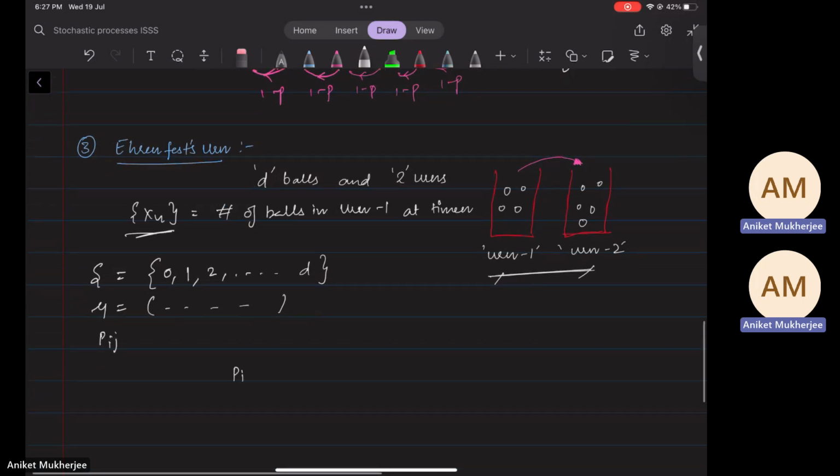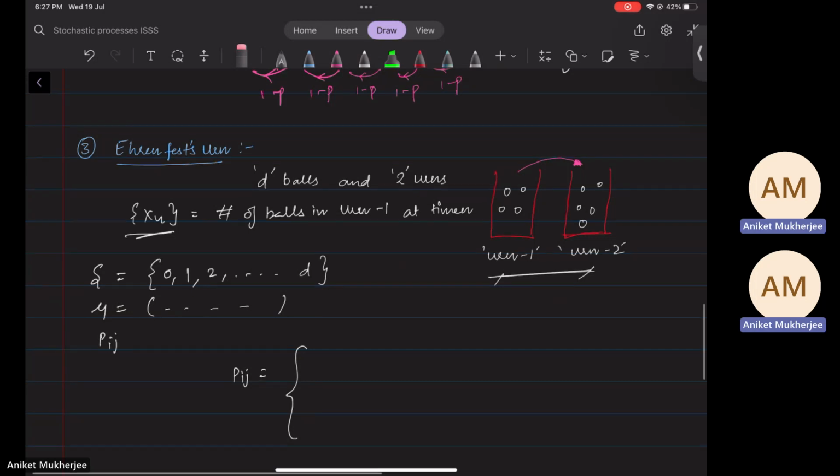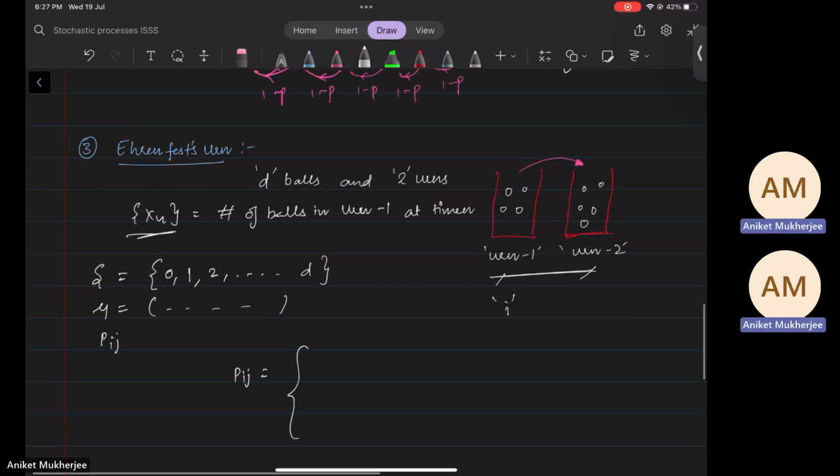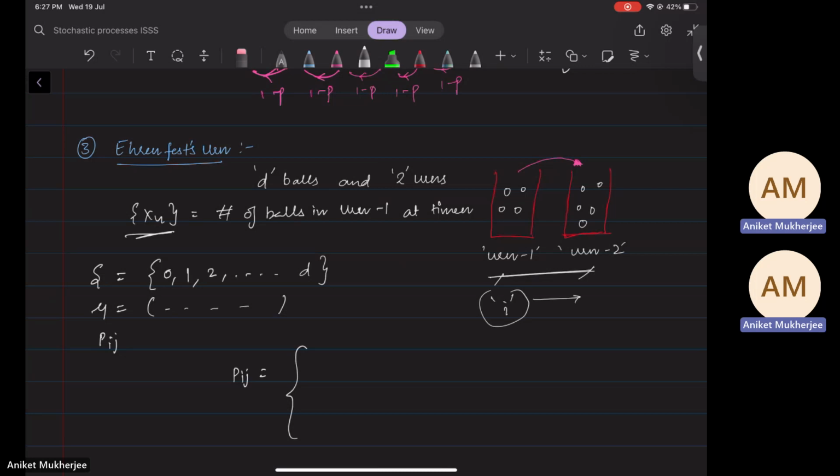So Pij is equal to, okay, let's see. If there are i balls in urn 1, now if you select a ball from here and put it here, then in the next state you go to i minus 1.